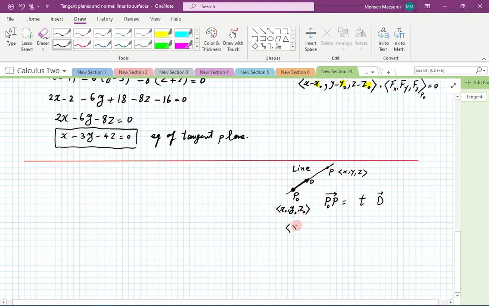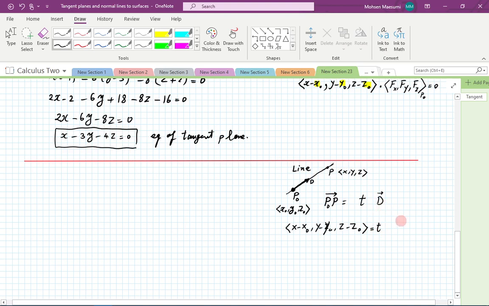So your displacement is x minus x0, y minus y0, z minus z0. That displacement is supposed to be a multiple of your direction vector. That multiple, we call it t, parameter t.